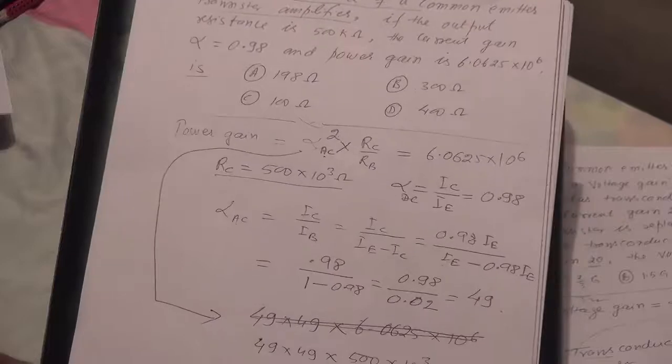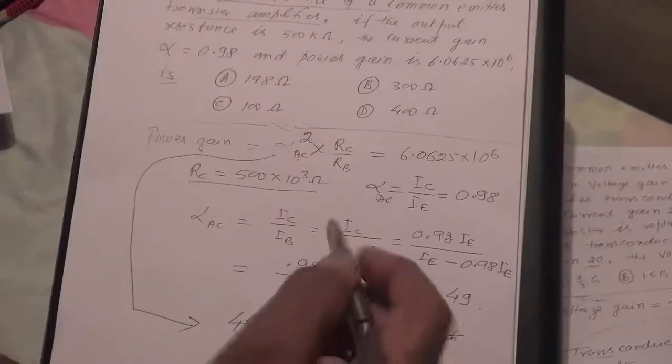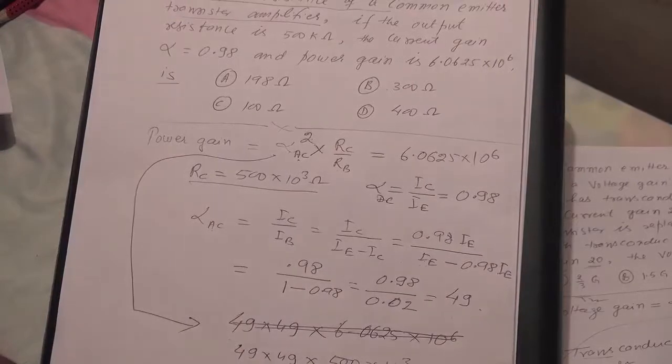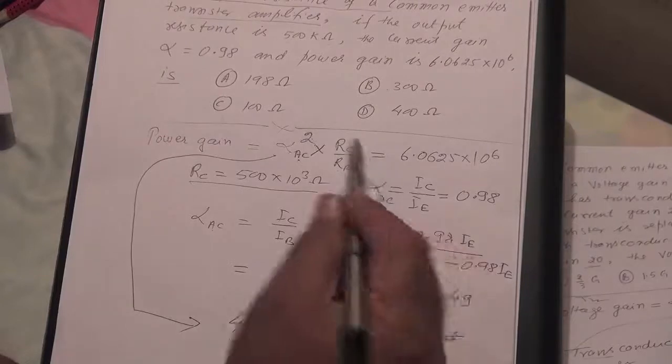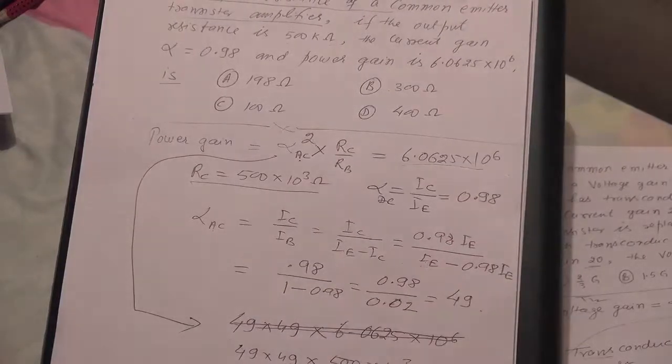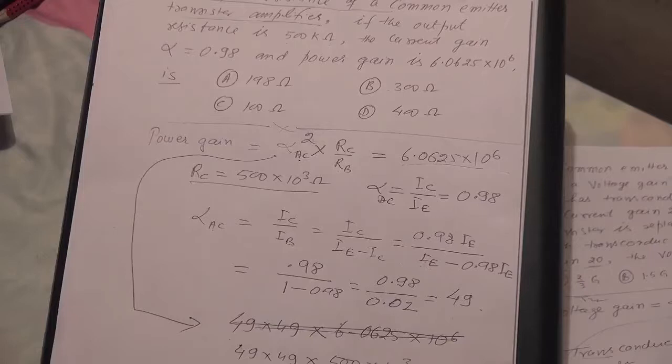Okay. Now, divided by RB. This we have to find out. R input is equal to power gain, and how much is power gain? This, 6.0625 into 10 to the power 6. Okay.